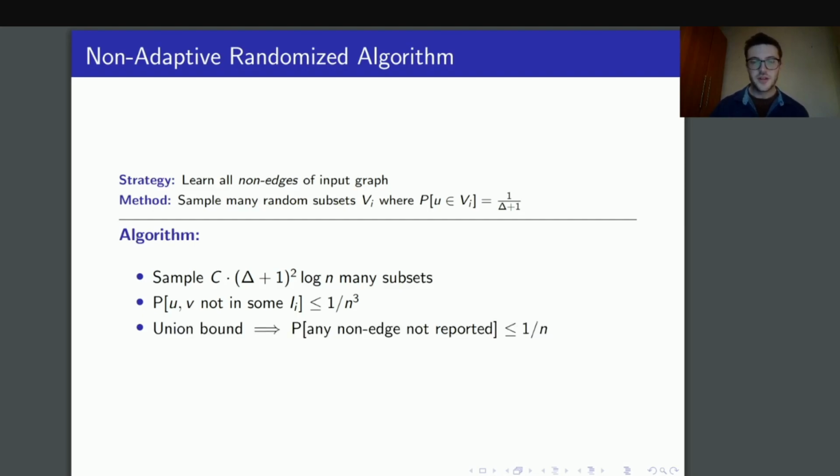And by taking the union bound over all theta n squared non-edges, we see that the probability that any non-edge is not reported in any independent set is less than or equal to 1 over n. So with high probability, we learn all of the non-edges in the input graph through c times delta plus 1 squared times log n many queries. By taking the complement of this non-edge set, we learn the entire edge set using big O of delta squared log n many queries.